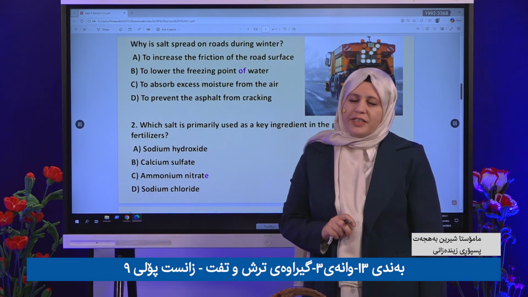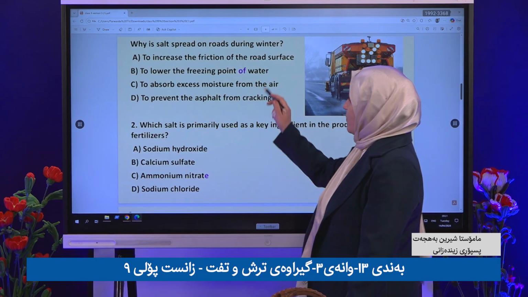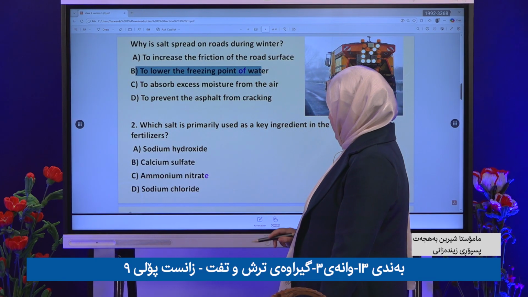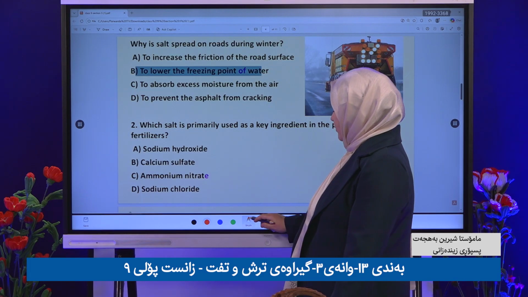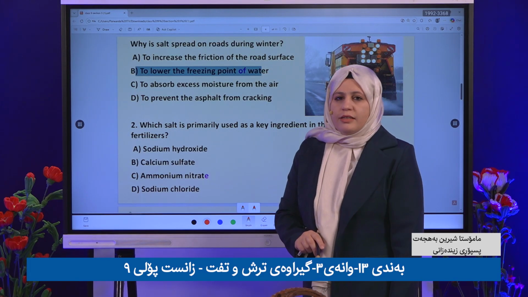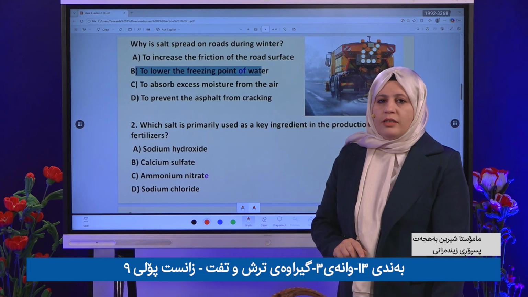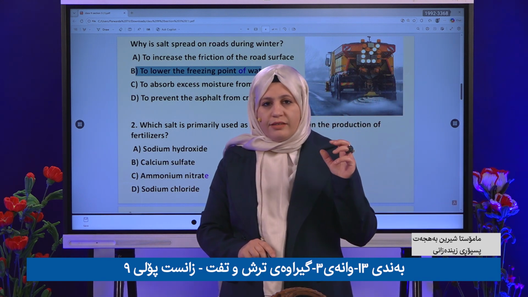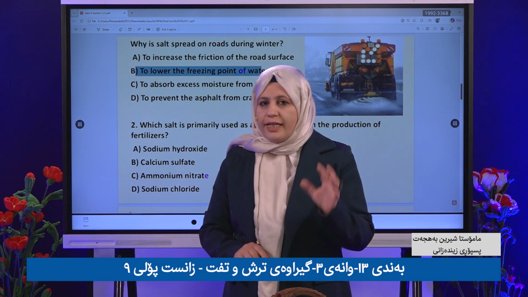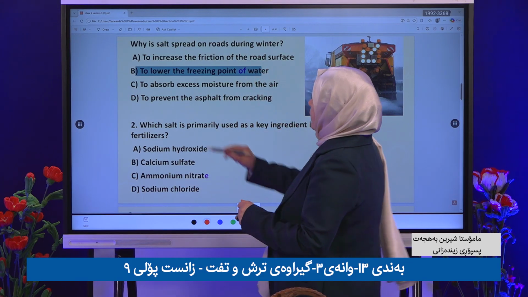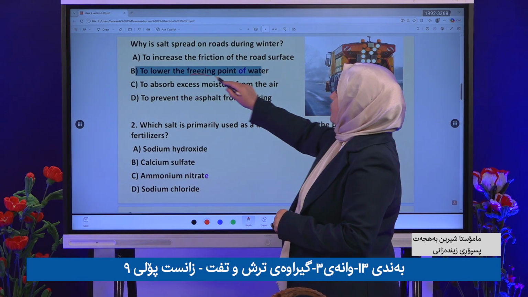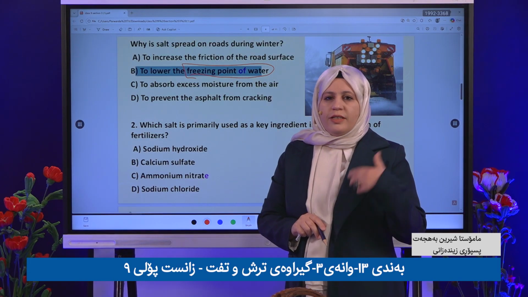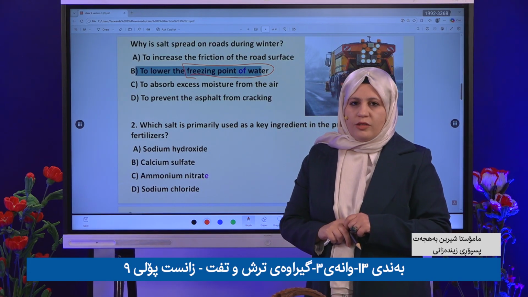So which one is correct? B is the correct one. Why do they spray salt in the street, especially on which kind of day? A snowing day, a heavy snowing day. Clear? Why? To lower the freezing point of water, to prevent accidents or car crashes.